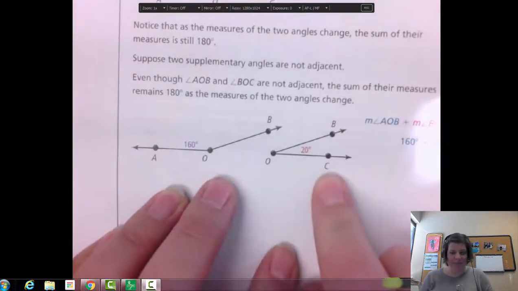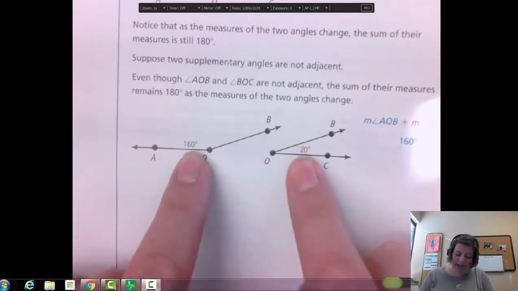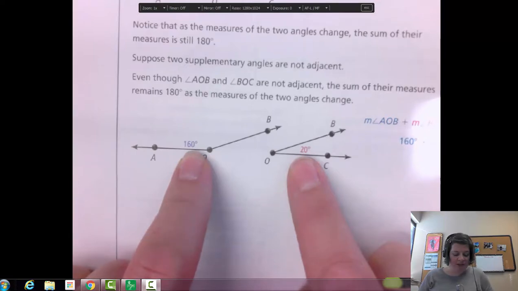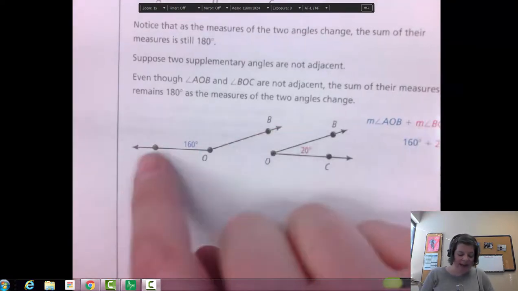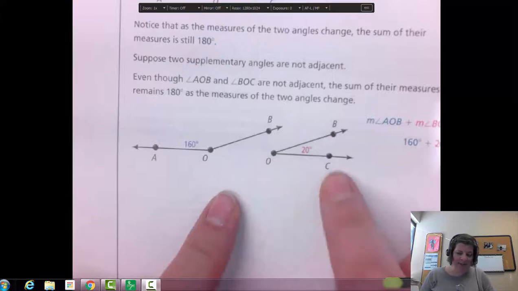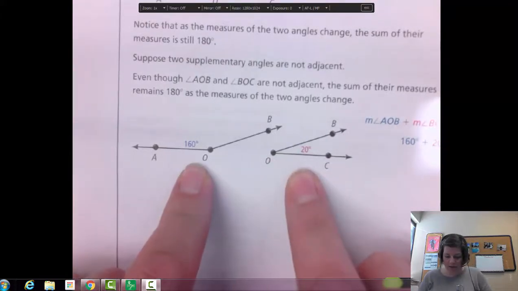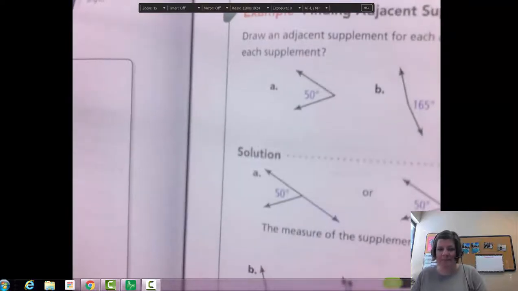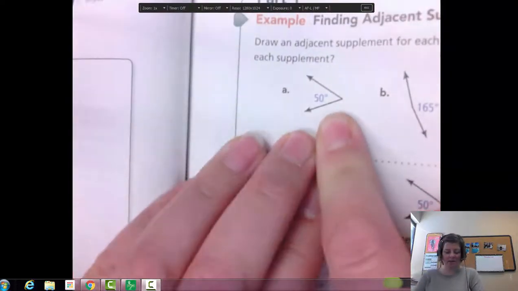So look at these two. Here's another example. 60 and 20 add to 180. So this angle, AOB and BOC, are supplementary. Okay, what if I have a 50-degree angle?